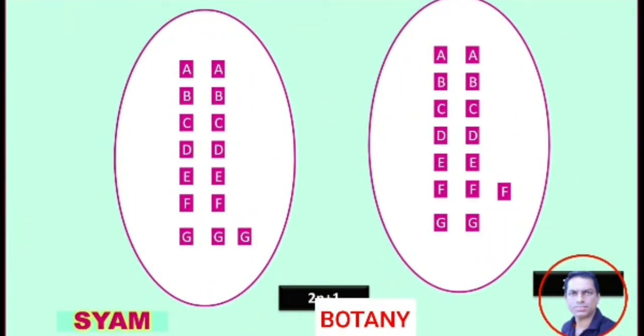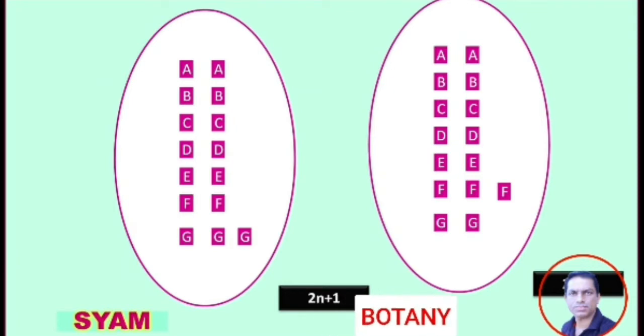So in this picture, two genomes are present. In each genome the basic set of chromosomes number is 7, A, B, C, D, E, F, G, and in the other genome A, B, C, D, E, F, G, and an additional chromosome. So one individual chromosome is added, or one individual chromosome is extra, in the cell.